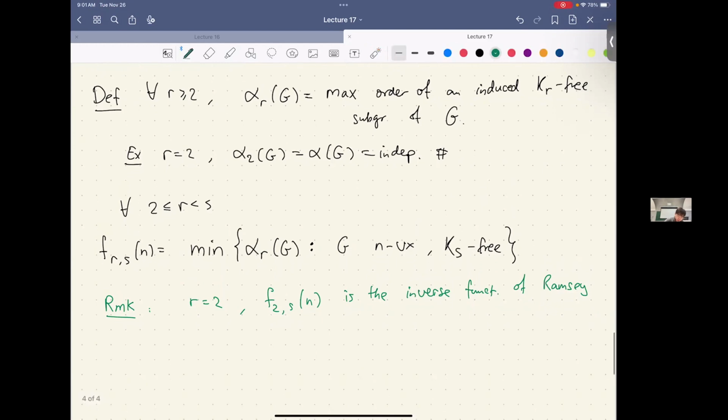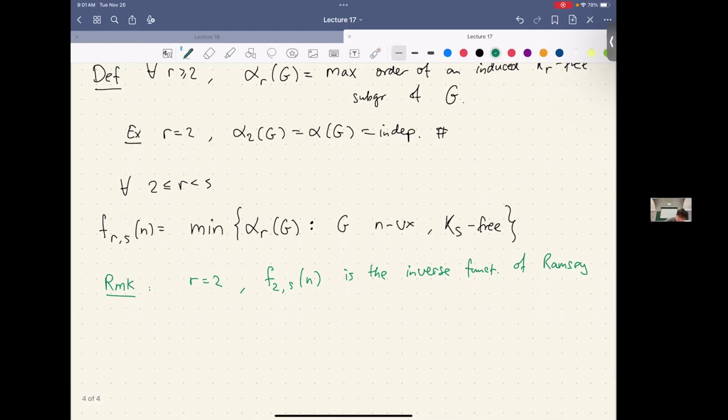Now, let's write some examples. For example, we know that R3T equals n, let's say, where n is roughly, up to a constant factor, t squared over log t. That we know, right? So this is the same as f23 of n equals t. These two statements are the same.